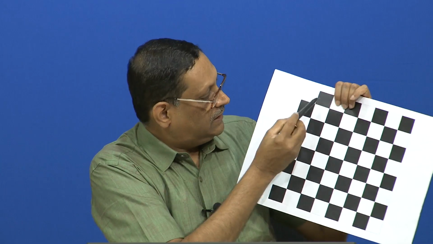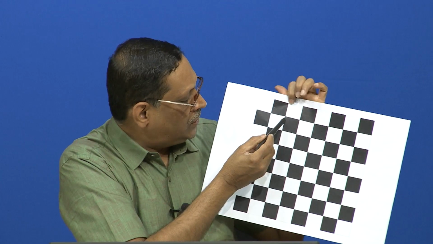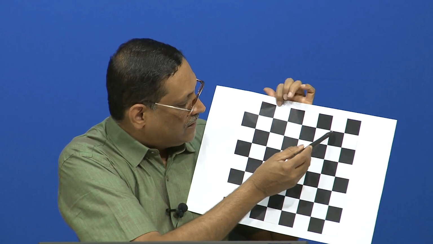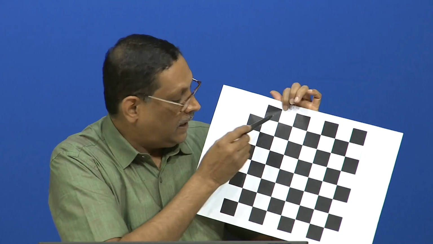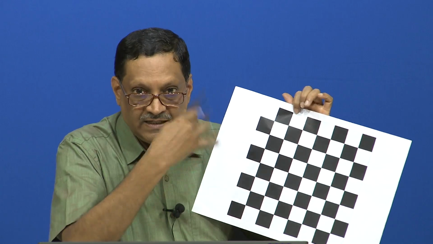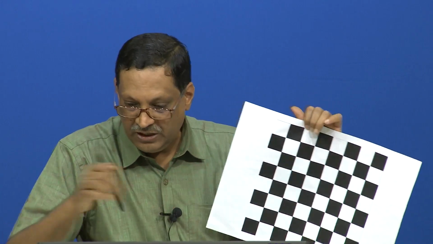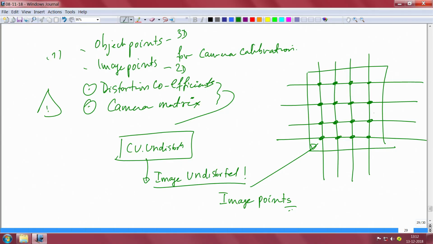So the idea is that these are the intersection points that you see here: 1, 2, 3, 4, 5, 6, 7. There are 7 intersection points, and this can be easily translated into this picture that I have drawn here. Let us focus on this picture. You can see that these are the intersection points.